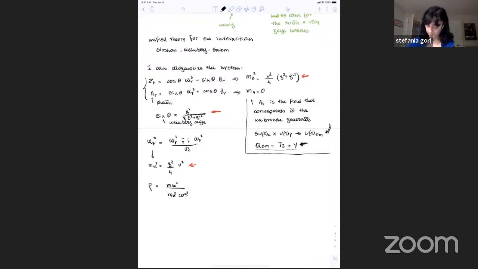And you can see, using the equations that I gave you above, that this is equal to 1. And this is related to the custodial symmetry that maybe we'll have time to discuss today.